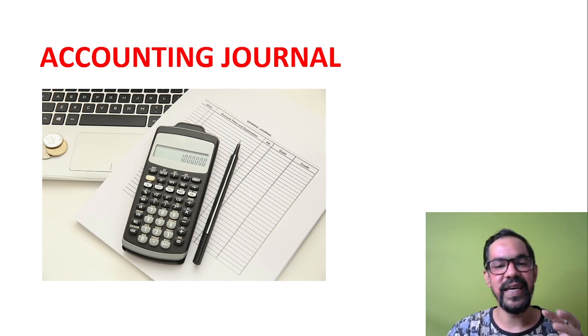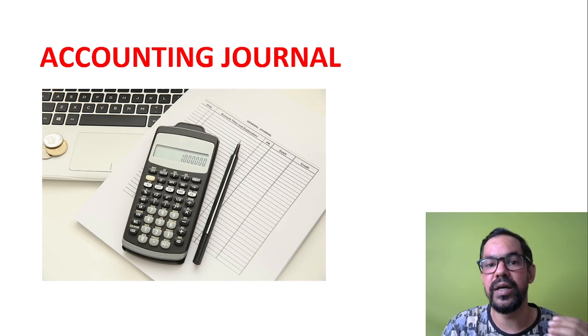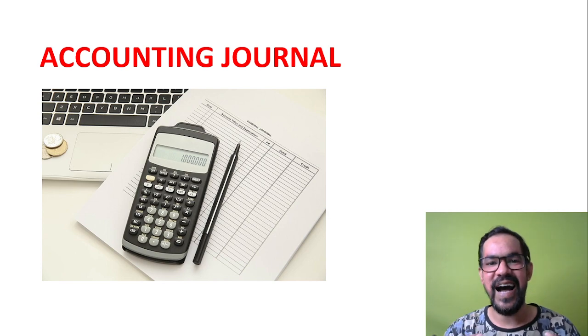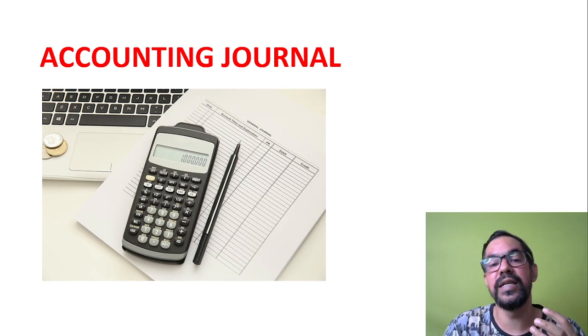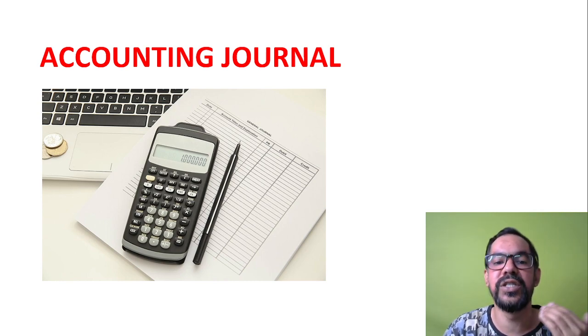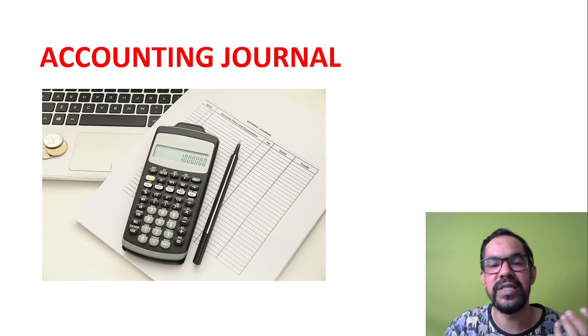Whenever you study the accounting cycle, this is the first step. We will start with the accounting journal. If there are some transactions done by any company, the first book where we record these transactions is the journal, so it is called the very first step of the accounting cycle.